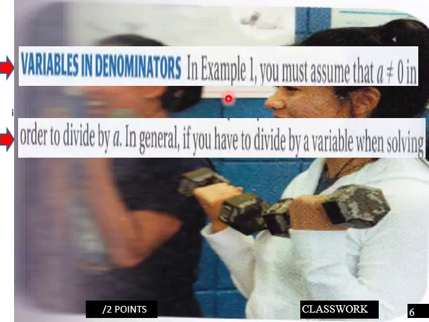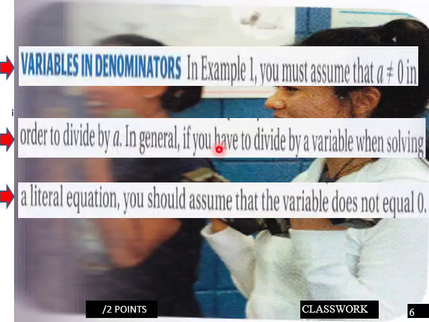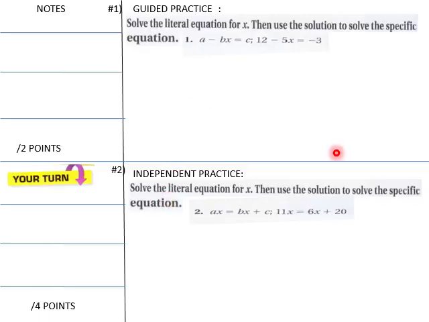So, variables and denominators. You must assume that a cannot equal 0 in order to divide by a. In general, if you have to divide by a variable when solving a literal equation, you should assume that variable does not equal 0. So in this situation here, solve the literal equation for x and use the solution to solve the specific equation.